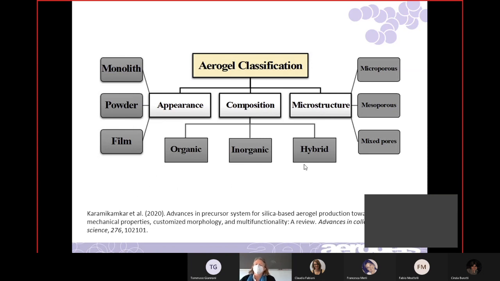Again, most of our work is done with the inorganic materials, as is much work in the aerogel world. And then you can talk about their microstructure, and that has to do with the pore size, the distribution of pores that you get there. They can be microporous, mesoporous, or mixed size. And a lot of that has to do with how they're prepared.